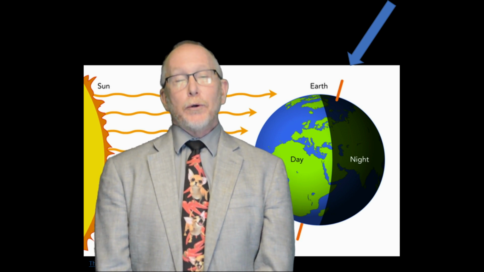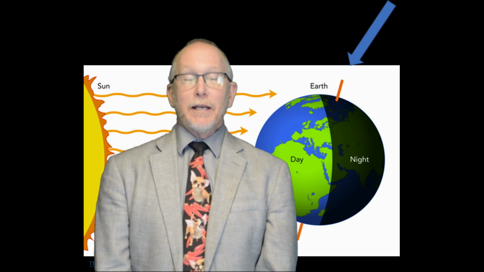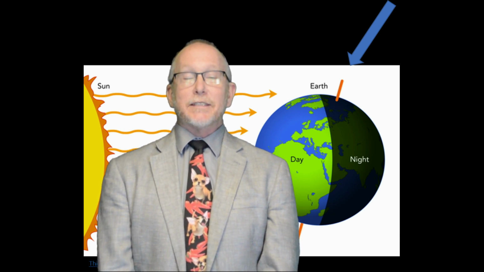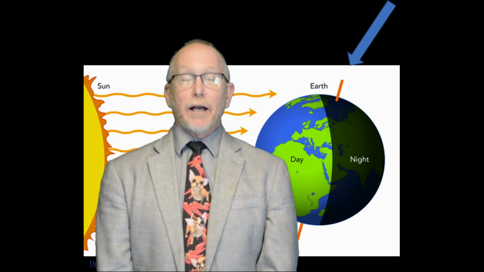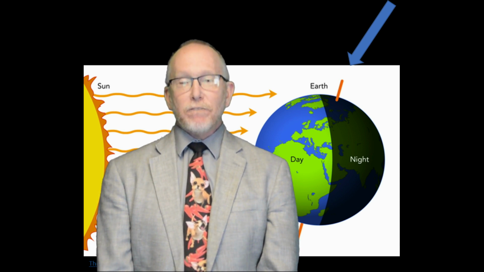Notice the arrow is pointing to the axis of the earth. This is an imaginary bar that runs through the earth, but what I really want you to understand is that the earth is tilted, and that tilt never changes direction.